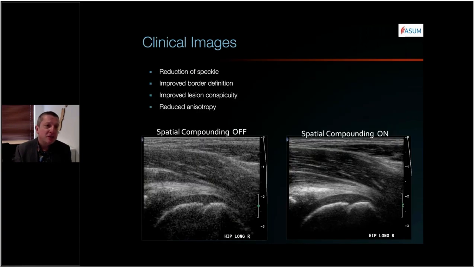In terms of clinical images, spatial compounding reduces the appearance of speckle. You can see that in this example of a hip ultrasound, where the uncompounded images are very speckly, and with compounding, there's a much smoother and well-defined texture. We also have better border definition, and you can see that here, for example, in terms of tissue boundaries, which are much better defined with spatial compounding.